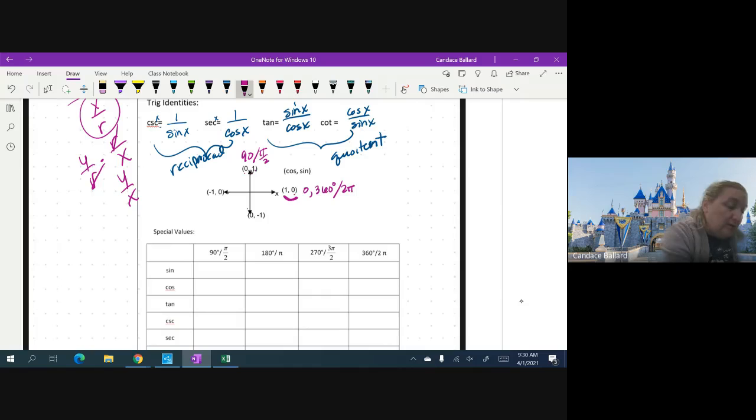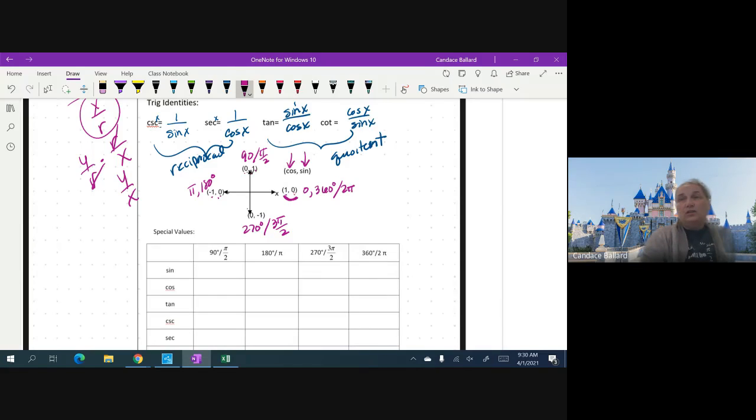This one at pi or 180 degrees is negative 1, 0. And down here at 270 or 3 pi over 2 is 0, negative 1. So our cosine comes first in the coordinate and our sine is second.